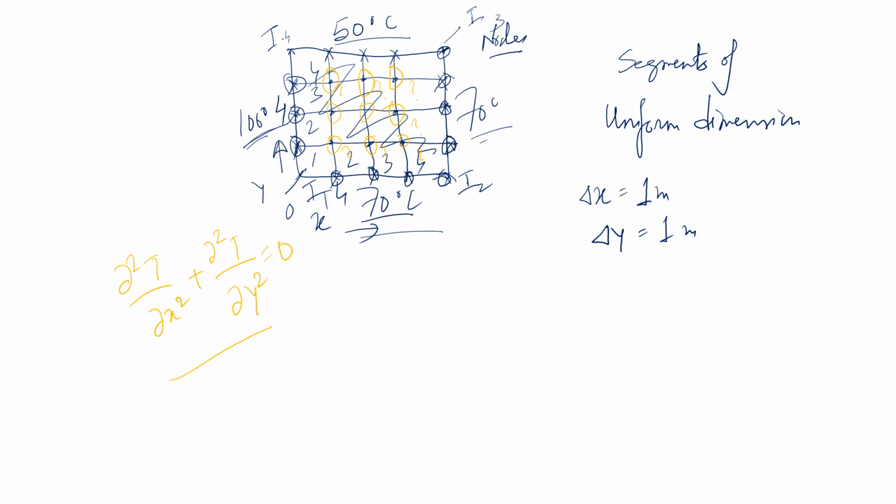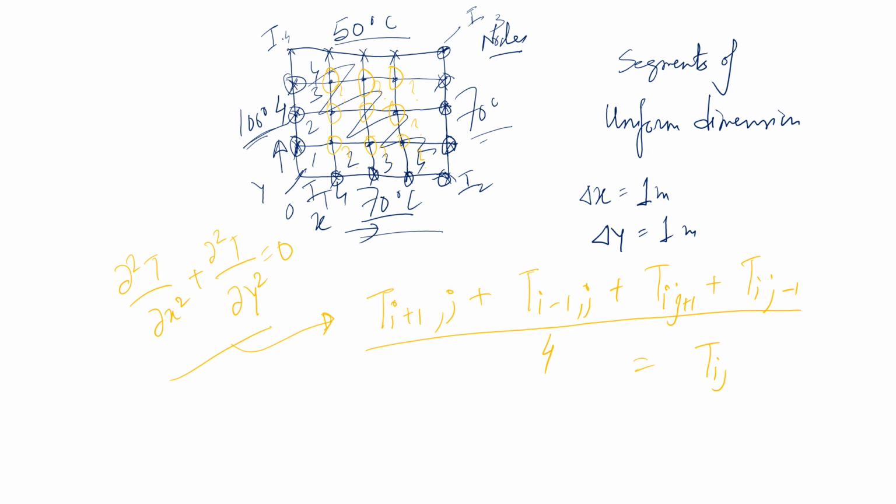The discretized formula is already discussed in the initial part. This is equal to Ti+1,j plus Ti-1,j plus Ti,j+1 plus Ti,j-1 equals Tij, and in the LHS we have to divide it by 4.